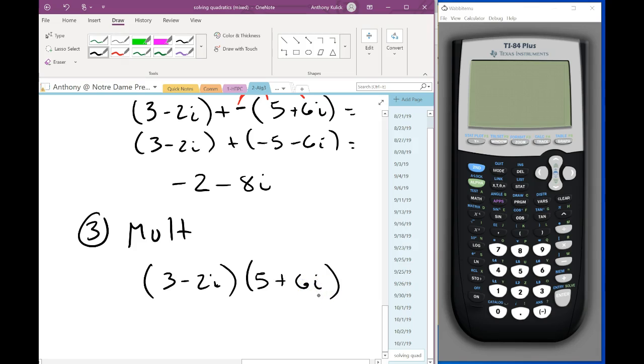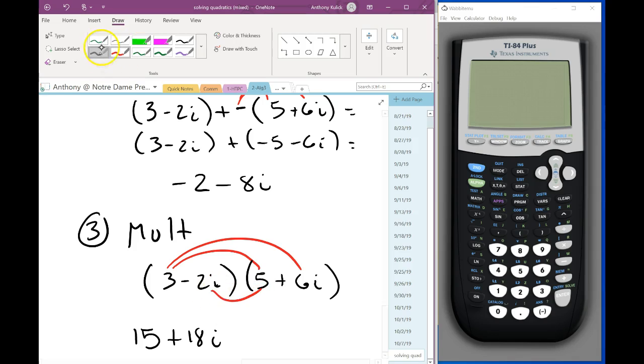What if I wanted to multiply these two complex numbers together? How would you hope this works? Yes! We would hope that we would just have to FOIL this, and indeed, that's all we're going to do is FOIL. So, first is 3 times 5. Outer is 3 times 6i.